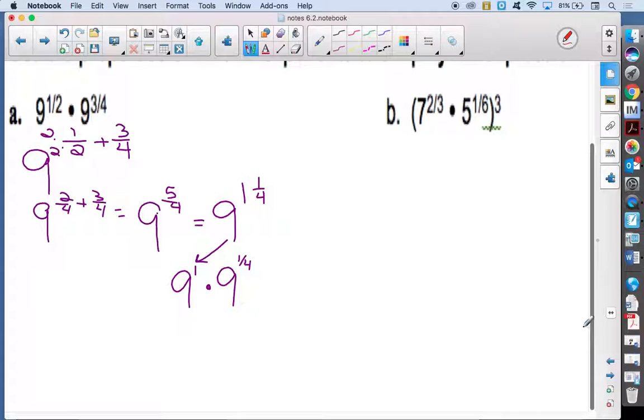I now just have 9 times 9 to the 1/4. This is simplified because we broke it down. My 9 to the 5/4 could be broken down so that we have a smaller exponent. So taking it from an improper fraction and making it a mixed number, I now have just the 9 and then the 9 to the 1/4. Questions with that? 'Cause that's a little weird.